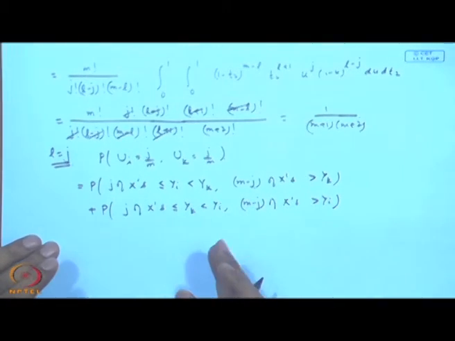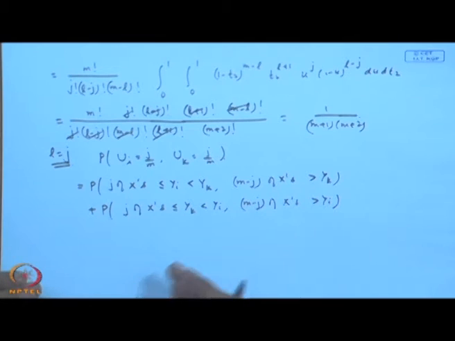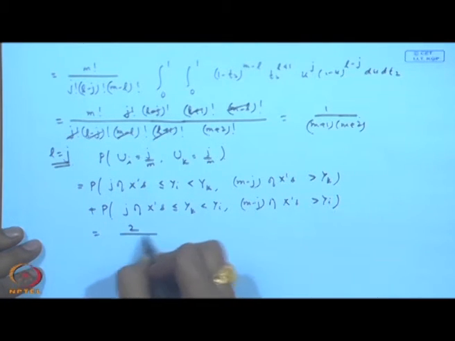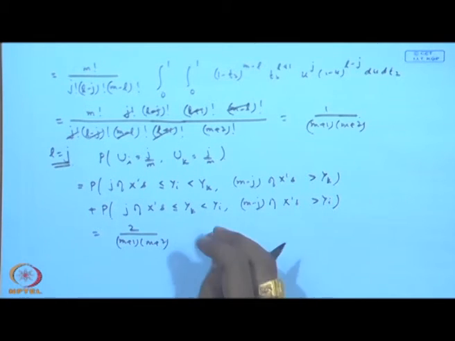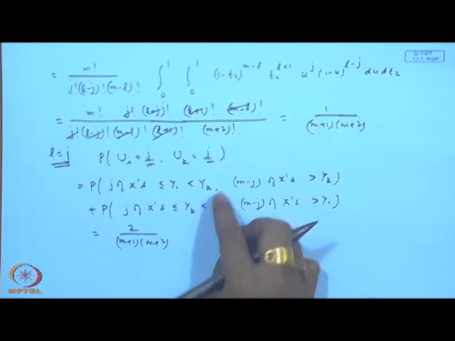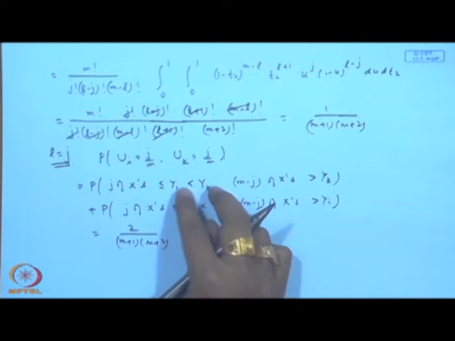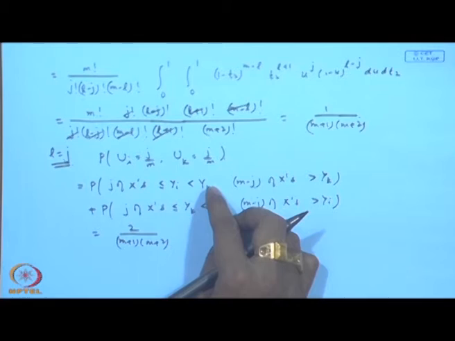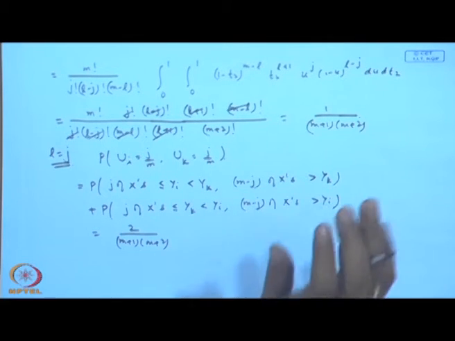So, basically you can do 2 times that thing. You can actually carry out the calculation, it will become 2 by m plus 1 into m plus 2. Actually, both the terms will have the same expression, that is 1 by m plus 1, because basically what is happening in between there is nothing, but since it was free from that choice, it will be dependent only on this m here.